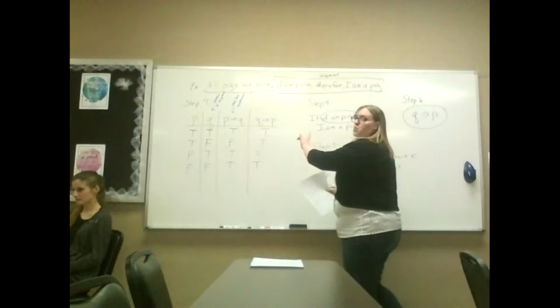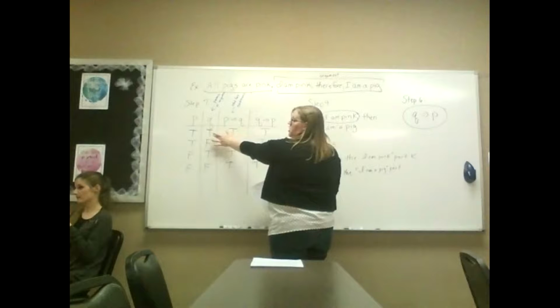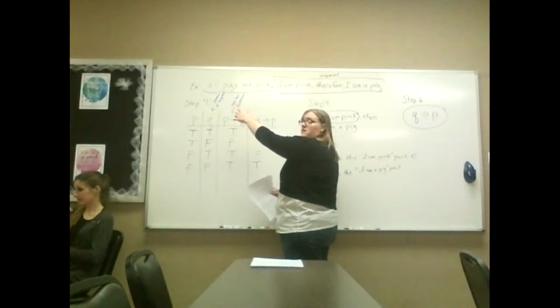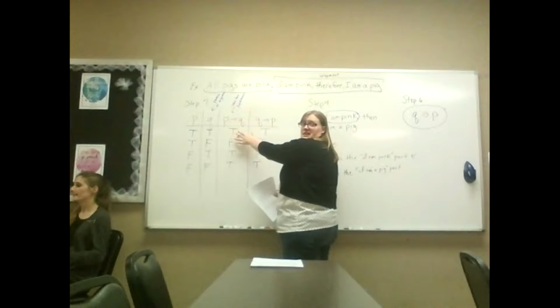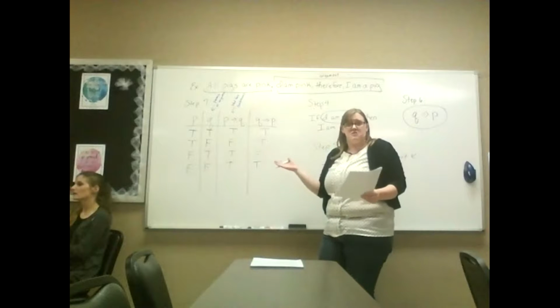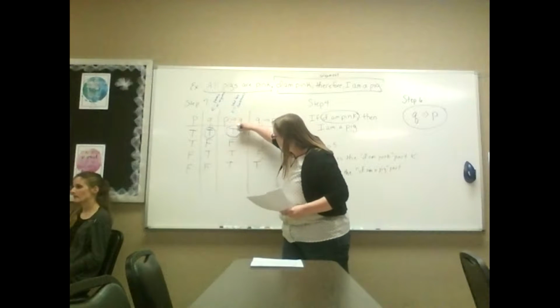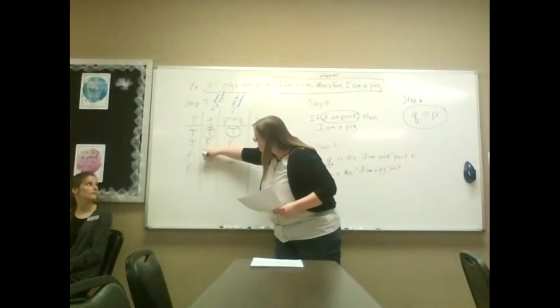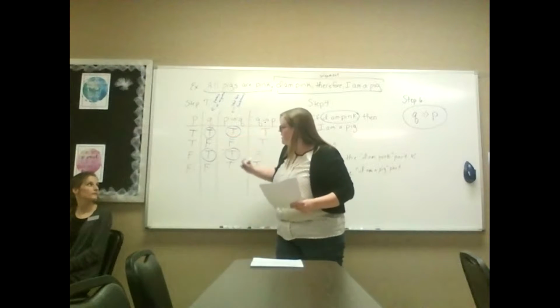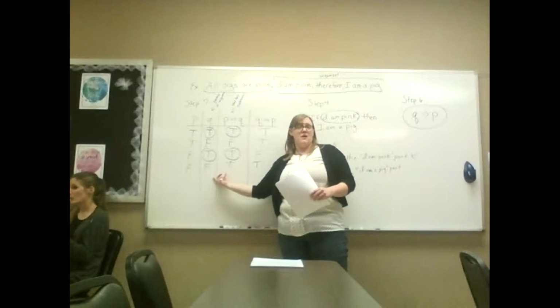So we want to find which rows have a true value in both the Q column, which is the premise of our argument, and the P implies Q column, which is the solid fact conditional. So for those, I find it helpful to circle. You don't have to, but it reminds you where you're going. All right, so it's true here, true here, true here, and true here. Notice I did not circle this row because it does not satisfy both conditions.